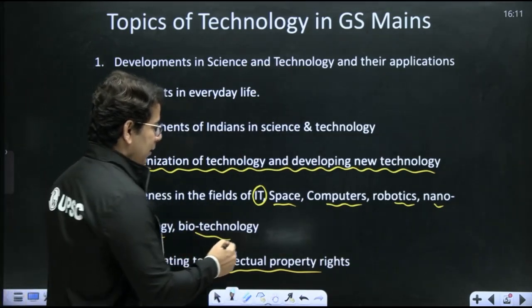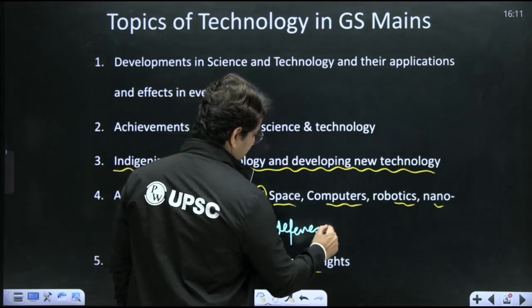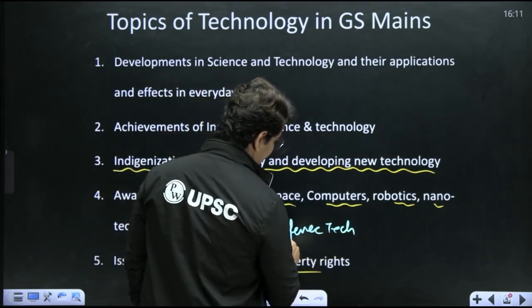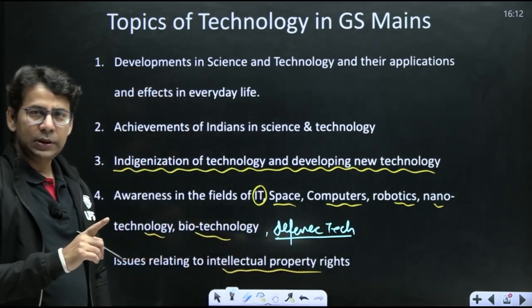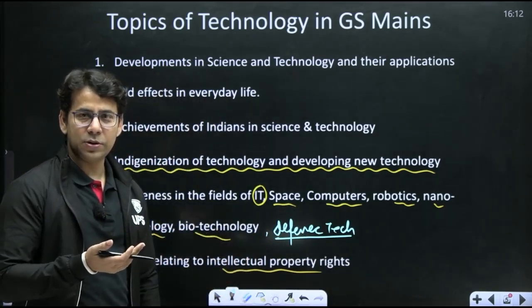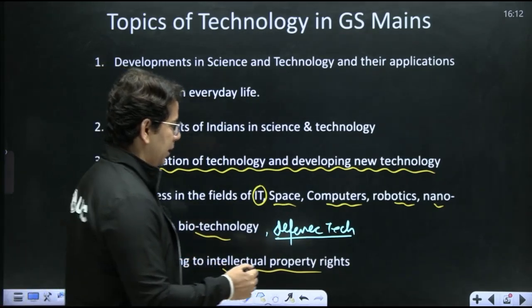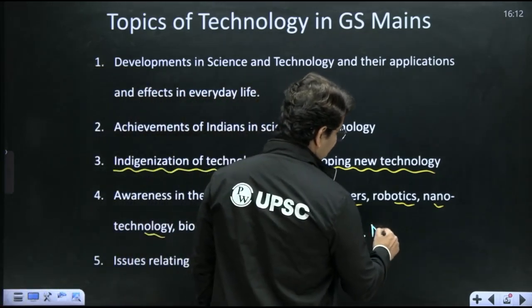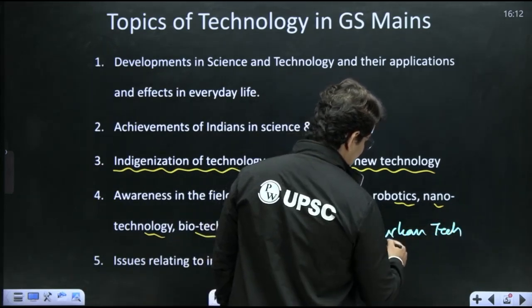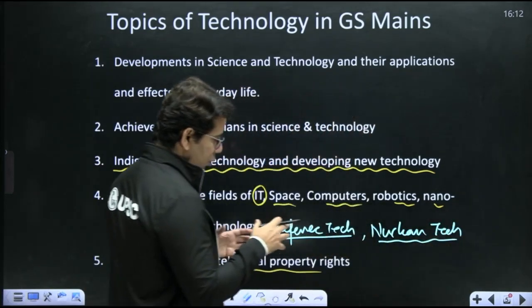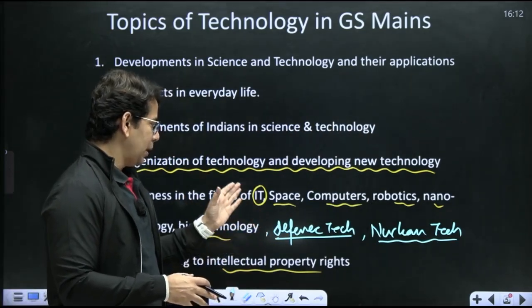Apart from all these things, we have to go through defense technology, because UPSC has asked defense technology related questions in paper 3, in the science and technology part only, S-400, right? Similarly, we have to talk about nuclear technology. So apart from the syllabus, these two technologies we need to keep with the main syllabus.